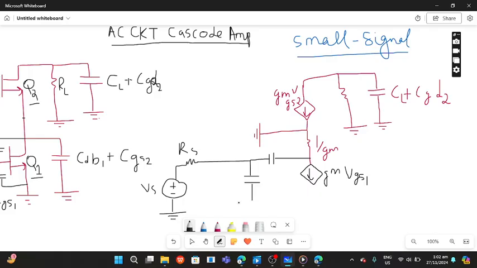Make them ground. Make this one also ground. And then you have a capacitor here.